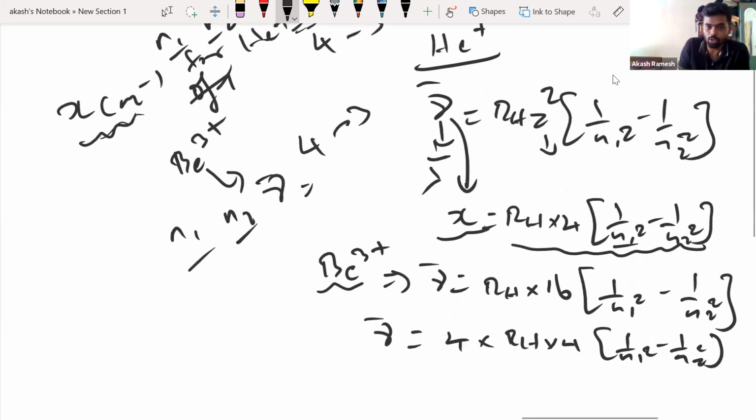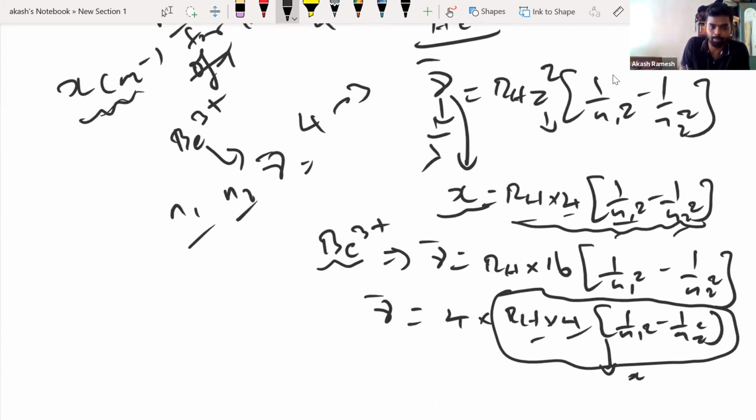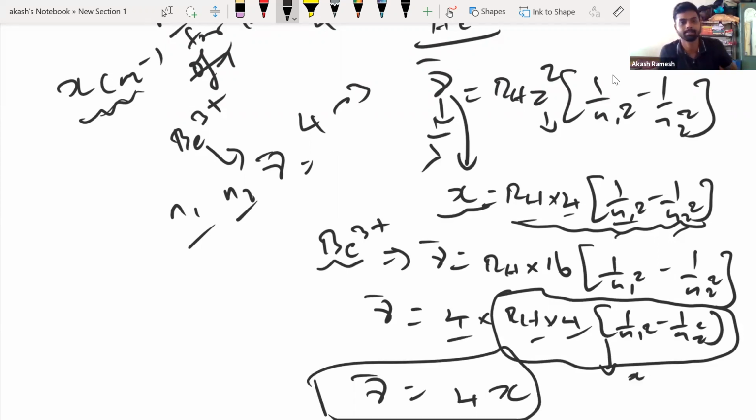If you look at the part RH into 4 into 1 by N1 squared minus 1 by N2 squared, this entire value is X. So what is mu bar for beryllium 3 plus? 4 is already there, and this entire thing is X. Yes, the answer is 4X.